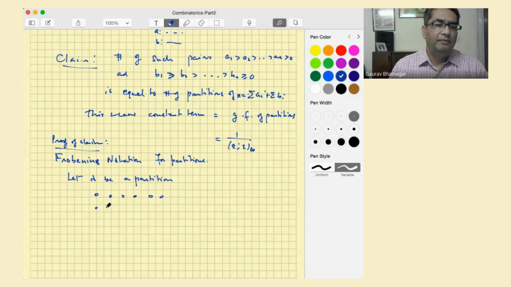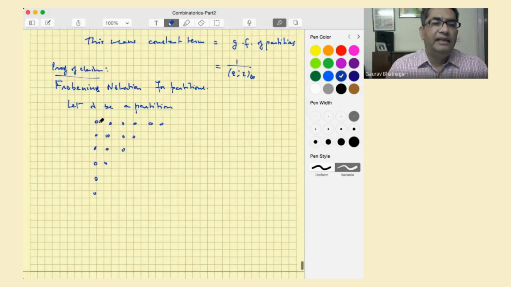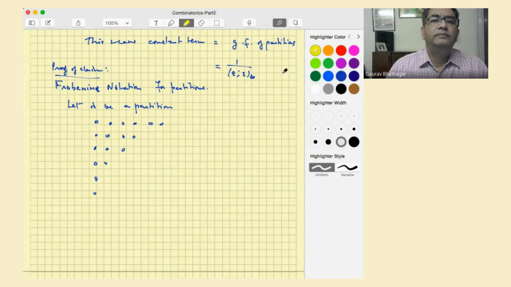This guy is lambda, let's say. Then what I do is I take all these guys. I take this guy, this guy, and this guy. And then I take these people. Let me choose another color. How about this?